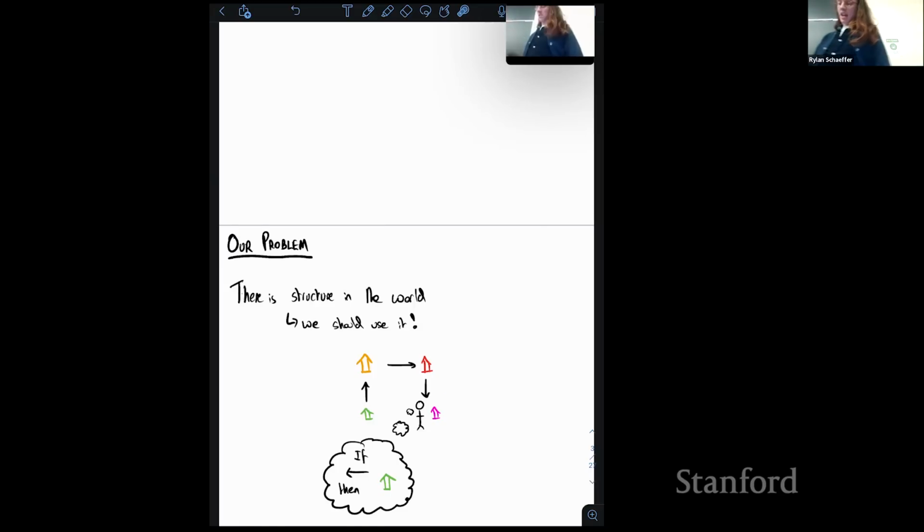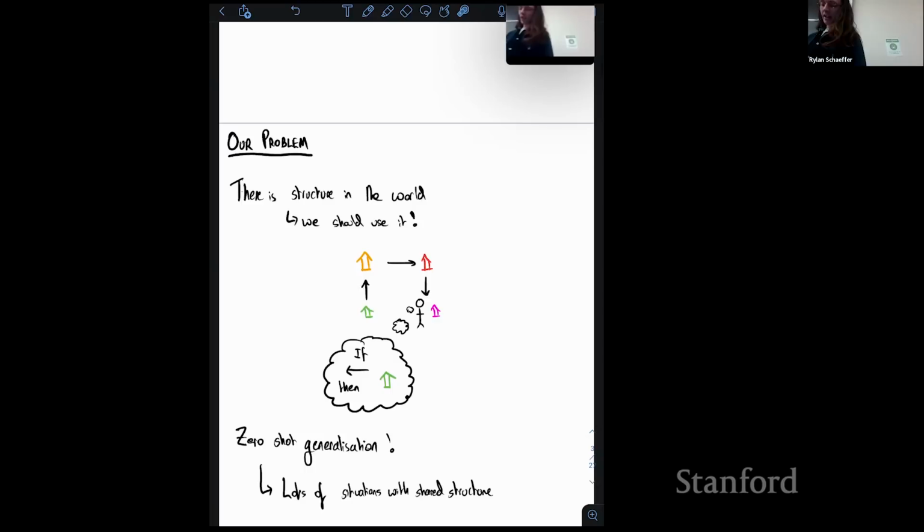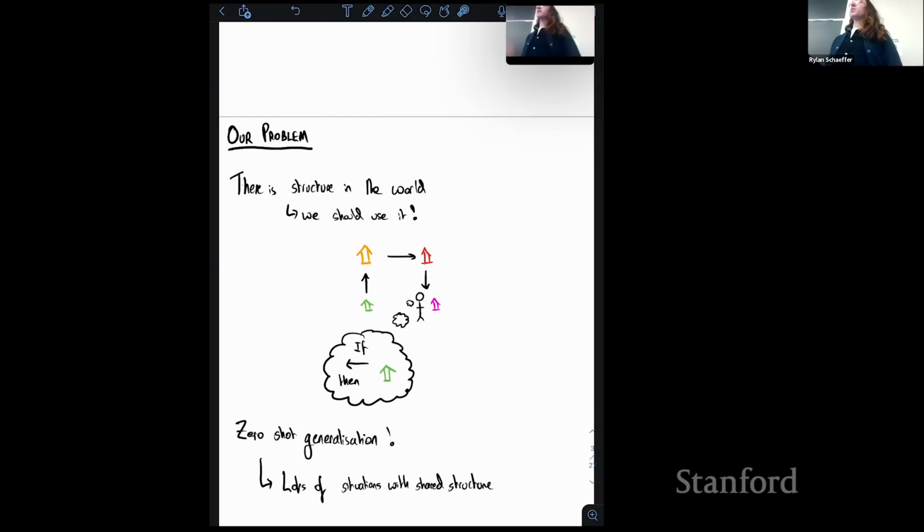Perhaps this is a new city you've just arrived in. This is like a zero-shot generalization, because you somehow realize that the structure applies more broadly and use it in a new context. There are generally a lot of situations where structures reappear in the world, so there can be lots of instances where the same structure will be useful for doing these zero-shot generalizations to predict what you're going to see next.